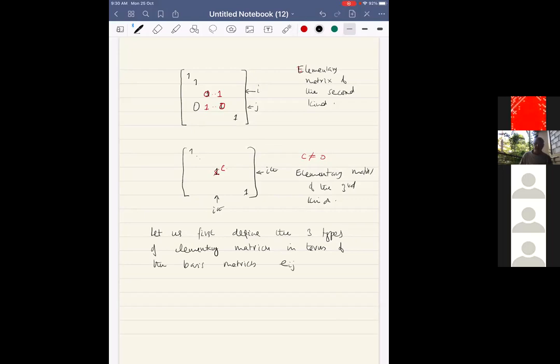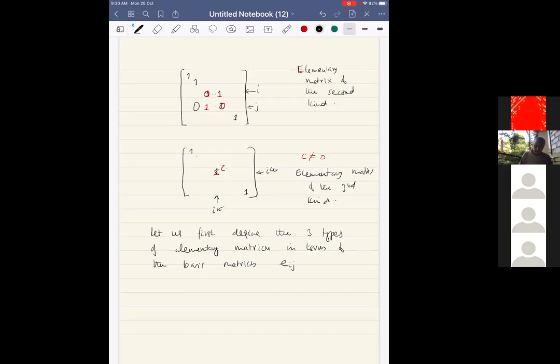Do you recall the basis matrices Eij for the space of m cross n matrices? These are matrices, all of whose entries are 0 except the entry at the intersection of the ith row and the jth column, which has value 1.